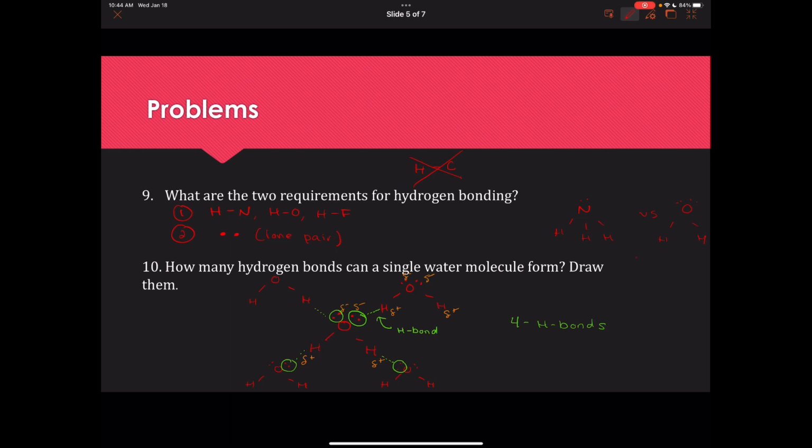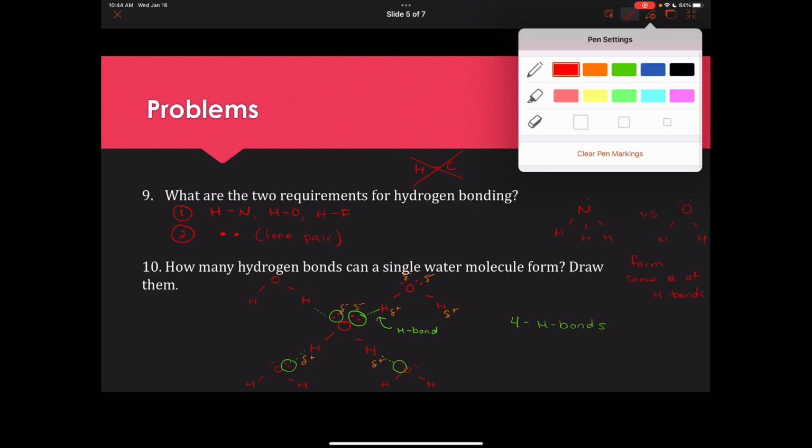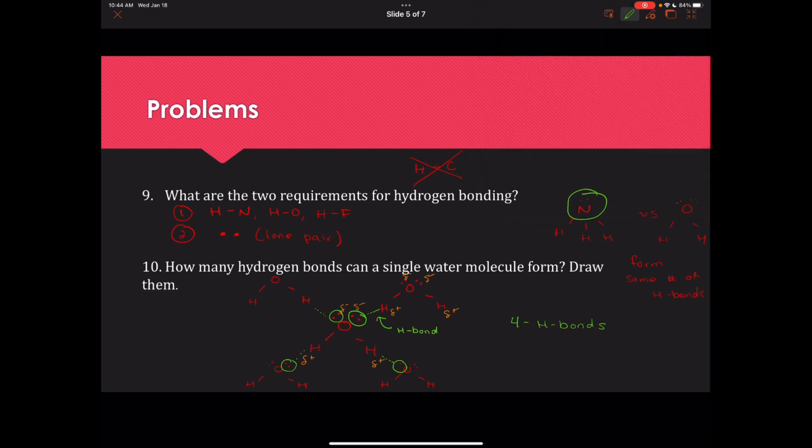These both form the same number of hydrogen bonds. They both are going to form 4. So what we're looking at is the difference in electronegativity of that center atom. The oxygen is more electronegative, resulting in the more polar bond, and therefore it's going to have the stronger hydrogen bonding.